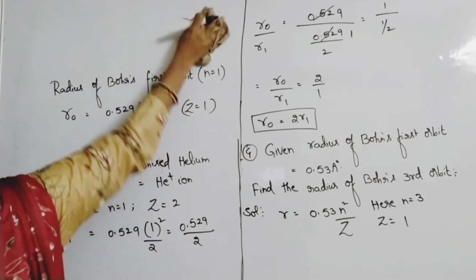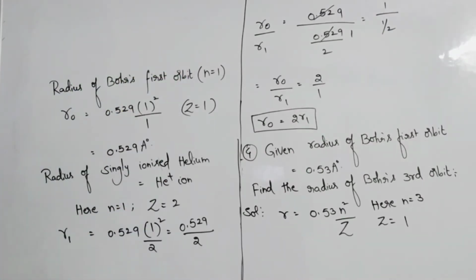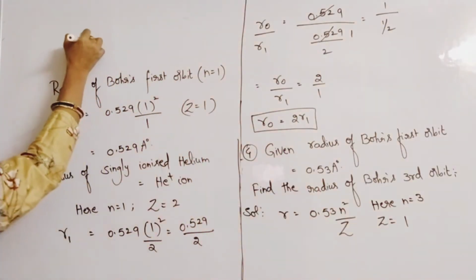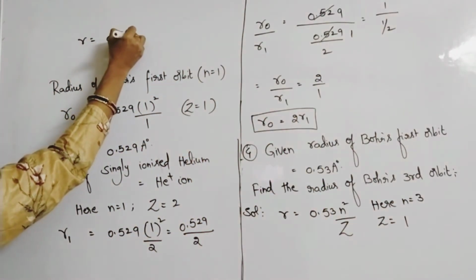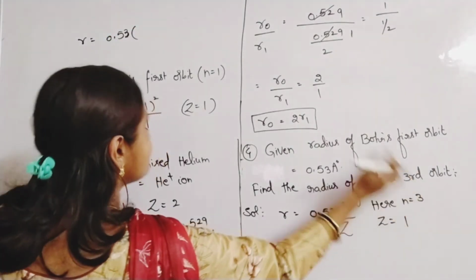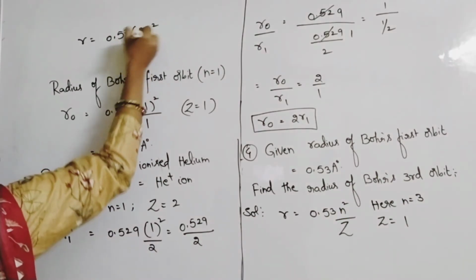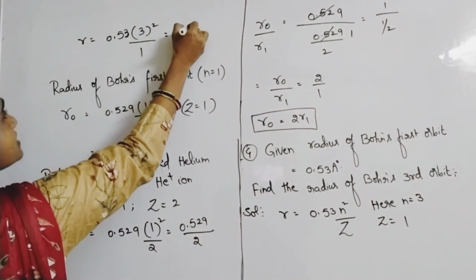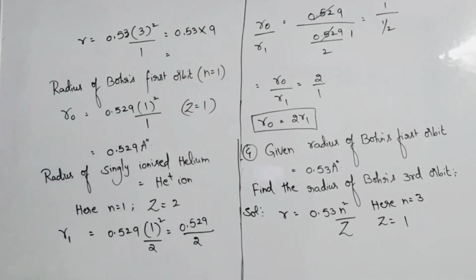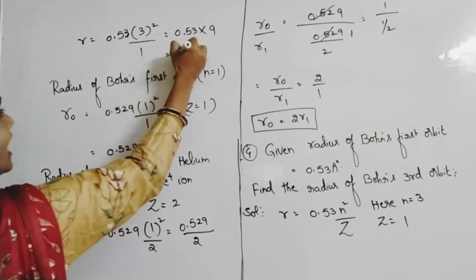So how much will you be getting? If n value is 3 and z value is 1, R is equal to 0.53 into 3 square by 1, which is equal to 0.53 into 9, which is equal to 4.77 angstroms.